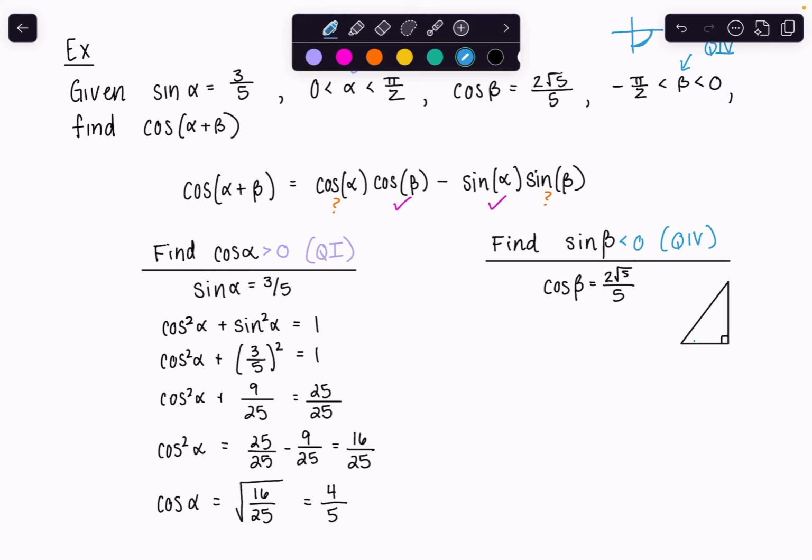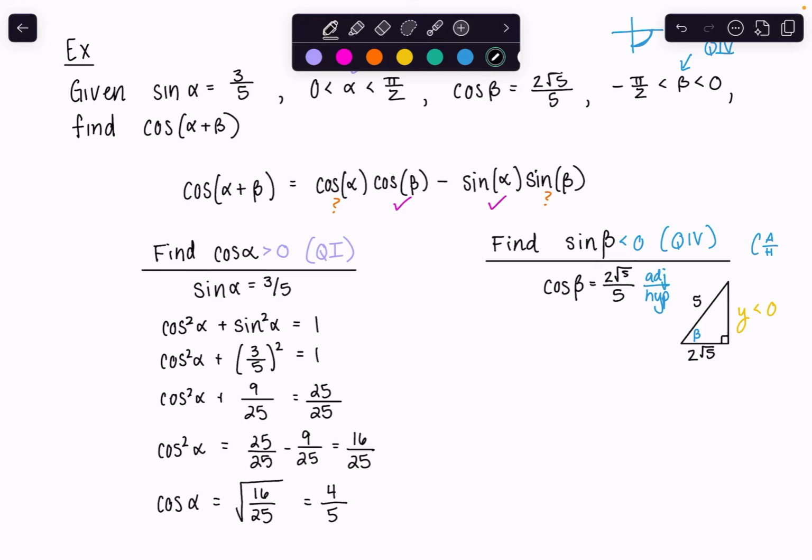You can use different ones. But here's our angle beta. Remember, cosine is adjacent over the hypotenuse. So my adjacent side is 2 root 5. My hypotenuse is 5. And then I need to find what y is equal to, but I know it's negative because I'm in quadrant 4.